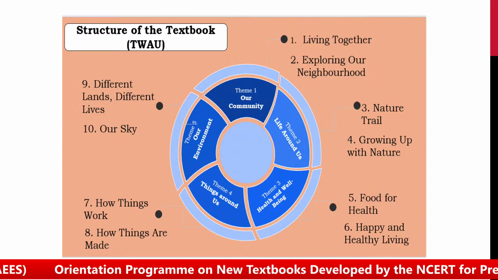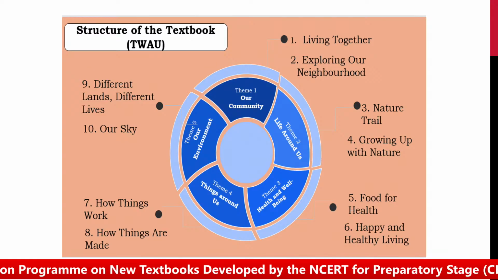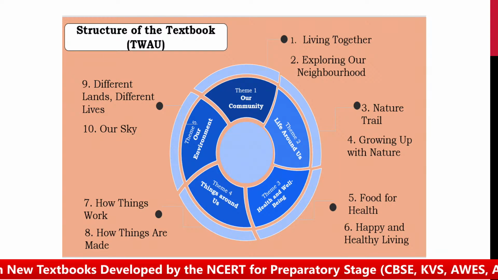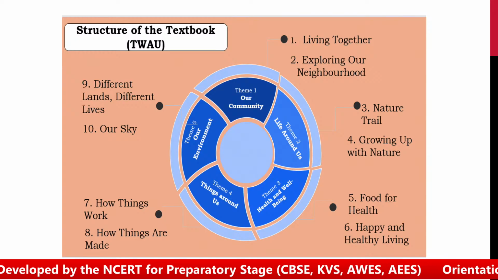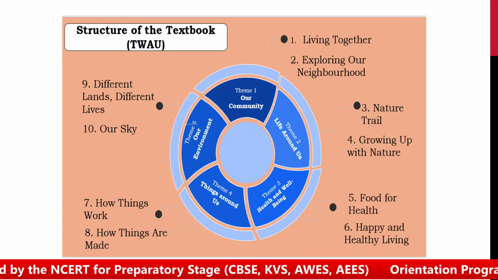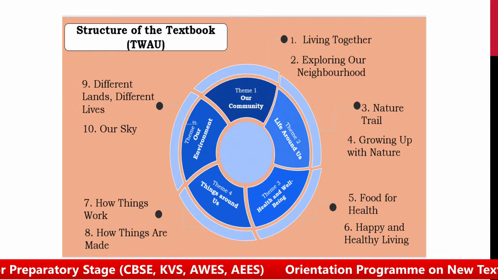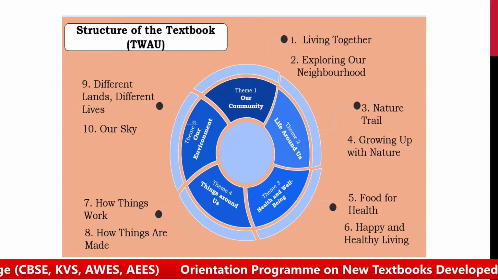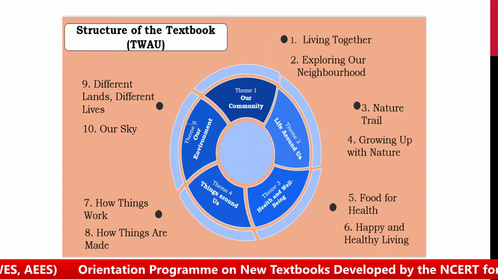Coming to the structure of the textbook, we have 5 units, and for each unit we have 2 chapters. The first unit is our community. If you remember the grade 3 textbook, we had started from the concept of family and immediate neighborhood, and we progressed to our community. In community, we have 2 chapters, that is living together and exploring our neighborhood. Whereas the second unit is life around us.